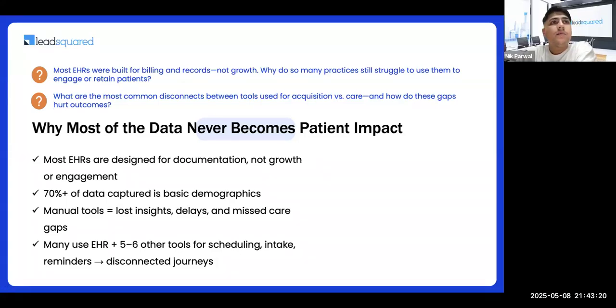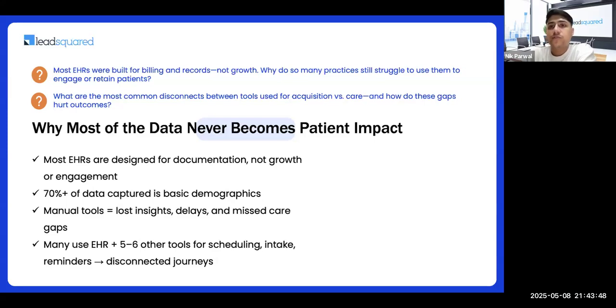Yeah, and I agree. I think one of the most common challenges we see with practices that come to us looking for a tool is that they're using isolated solutions, right? Point solutions are being used to solve one particular problem for the entire practice, but none of it is tied together. So one data point is not talking to the other data point.